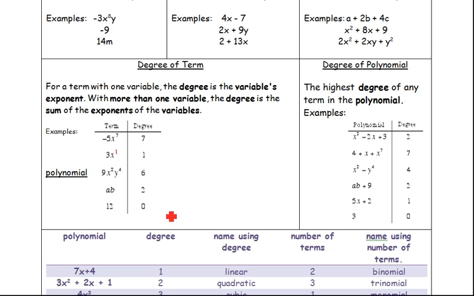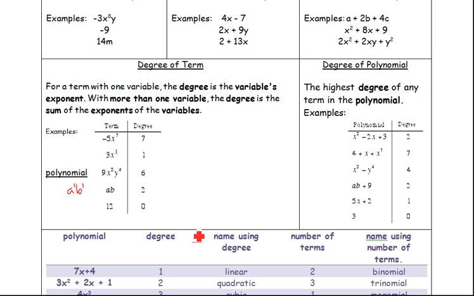Now, it gets a little bit trickier when you have more than one exponent, but not terribly tricky. You see this, 9x squared y to the 4th. We would simply add the 2 and the 4 to get 6. On the ab, remember, it's a to the first, b to the first. So when we add those two together, we get 2.